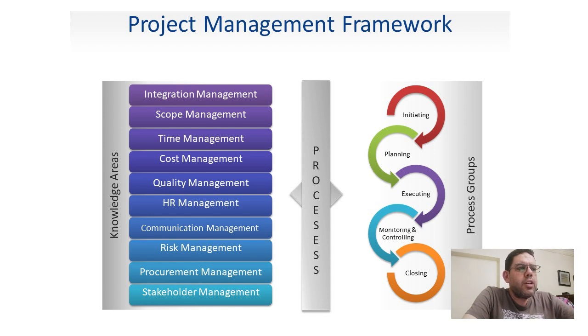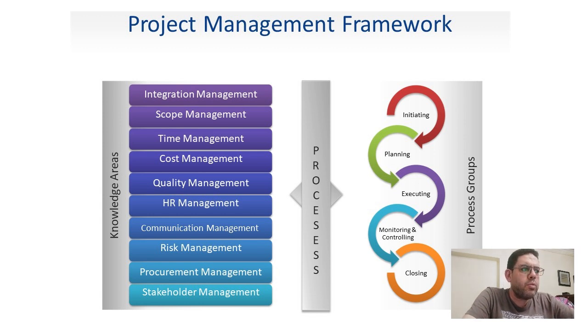So the knowledge areas are integration management, then scope management, time, cost, quality, then the resources or HR management, then communication, then risk, then procurement and stakeholder management. Those are the main knowledge areas of project management.